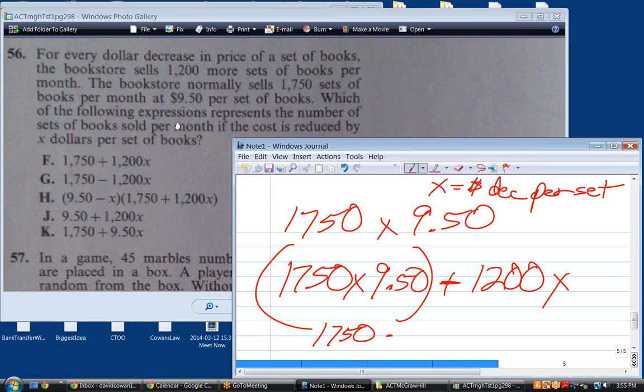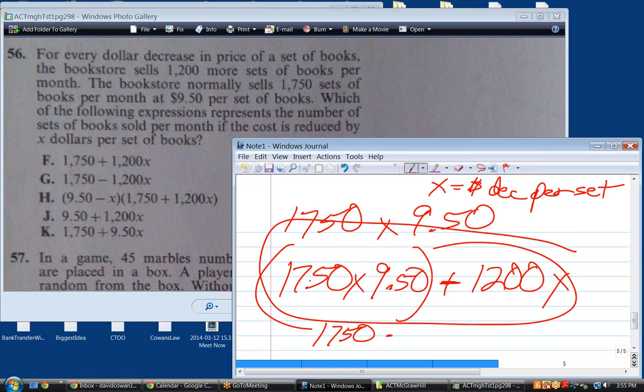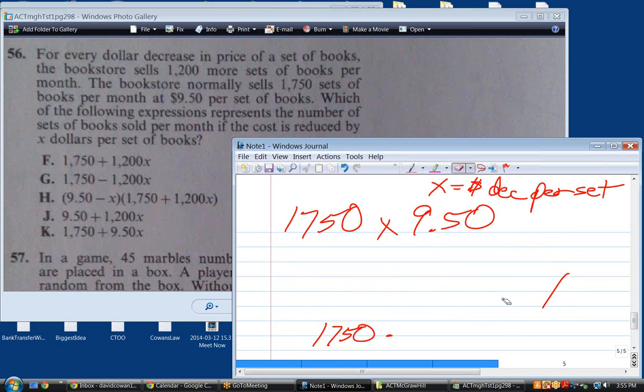Notice the answer is asking about the number of sets of books sold, not the total revenue. Yeah, I'm trying to figure it out as total revenue. No wonder I can't come up with an answer. So if X is 0, what's the answer?